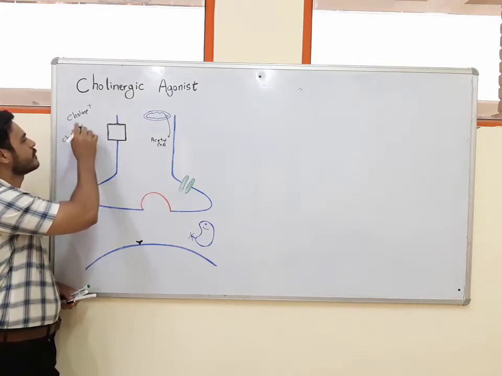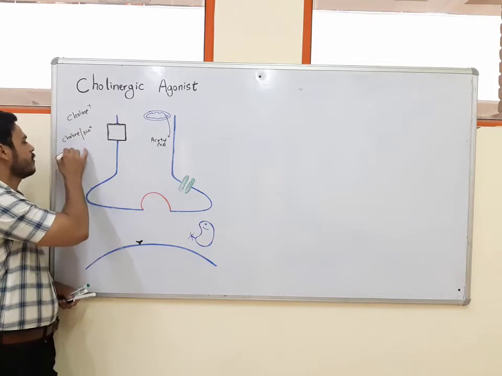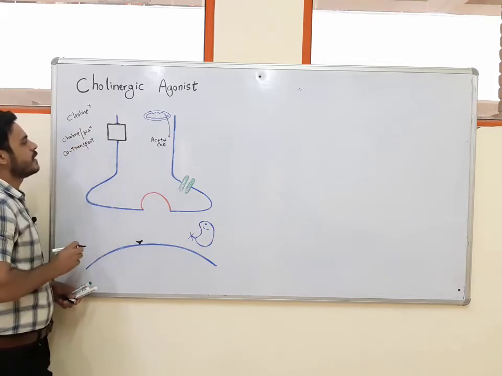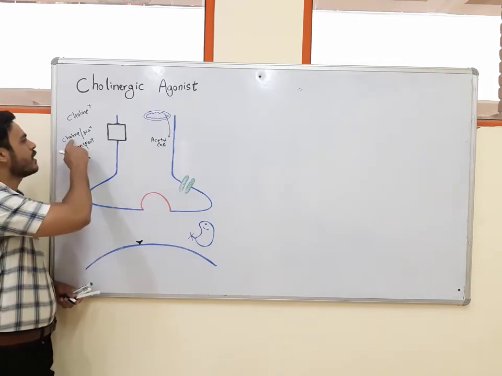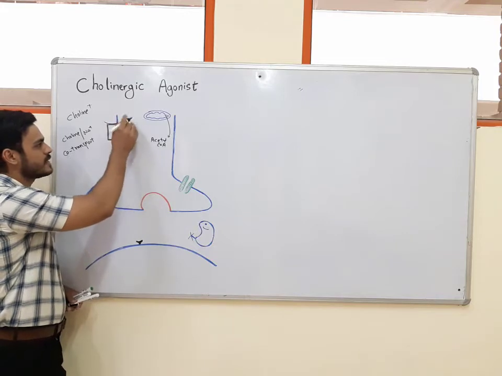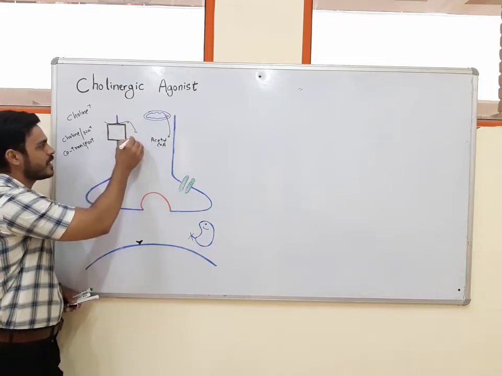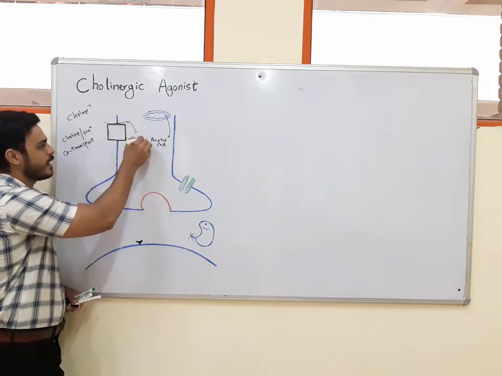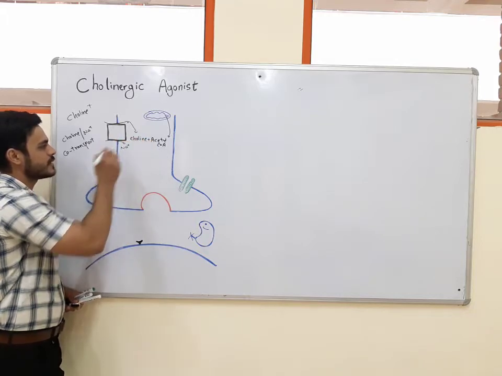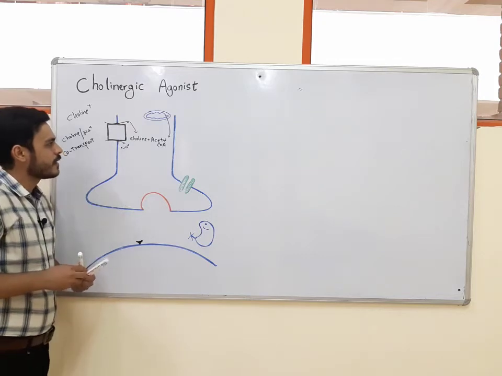sodium cotransporter. The choline sodium cotransporter co-transports choline with sodium. So we transport choline inside the nerve terminals, as well as one sodium inside the nerve terminals.